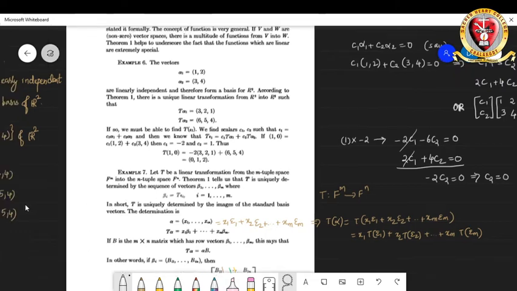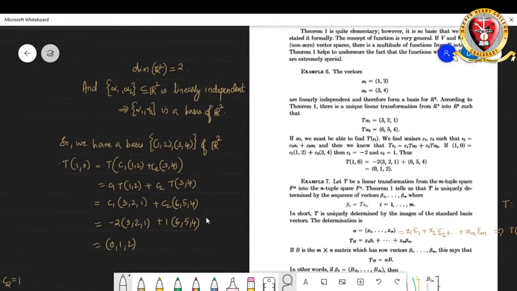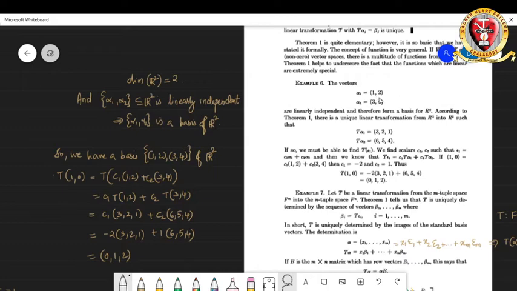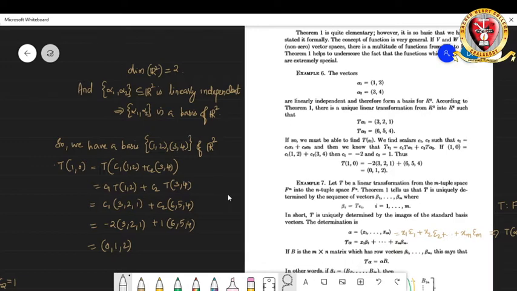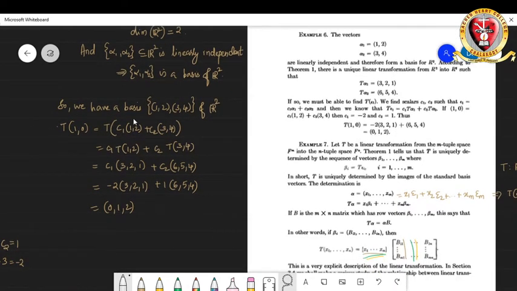So we got that the two elements, ordered pair (1, 2) and ordered pair (3, 4), are linearly independent, and since the dimension of R2 over R, that means the number of elements of the basis, is equal to 2, we can understand from the earlier theorem that this set is also a basis of R2.